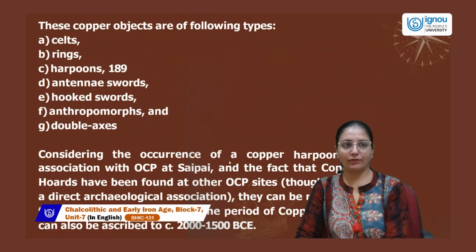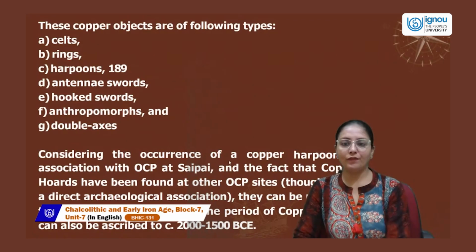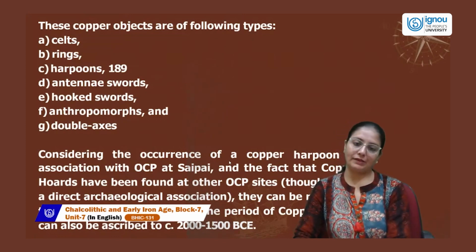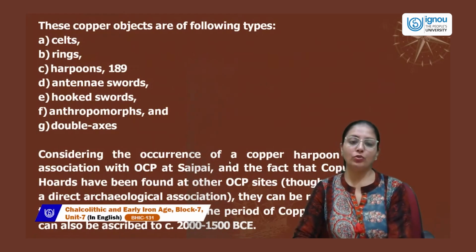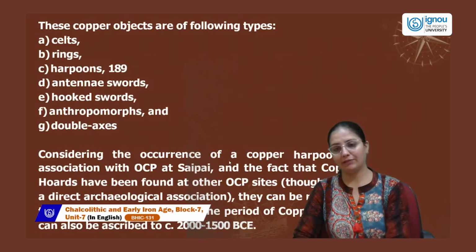Considering the occurrence of a copper harpoon in association with OCP at Saipai and the fact that copper hoards have been found at other OCP sites, they can be related to the OCP culture. In this way, the period of copper hoards can also be ascribed to 2000 to 1500 BC.